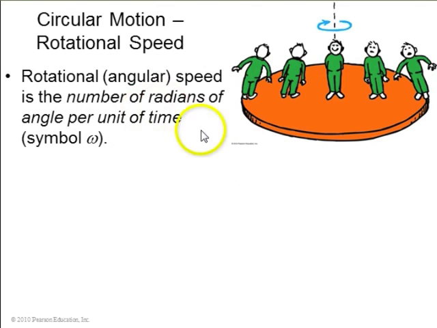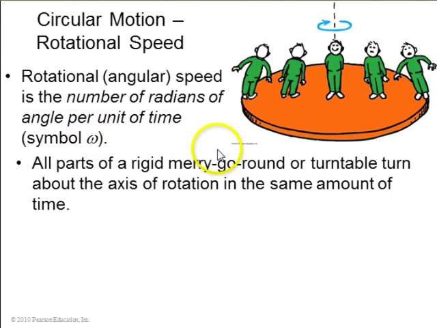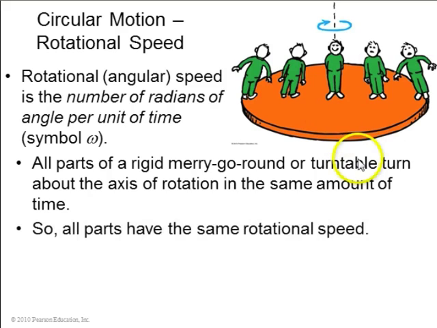So we measure angular speed in radians per unit time, radians per second. And the symbol for angular speed is a W, which is sort of curved, and it's actually the Greek letter omega. But all parts of a merry-go-round have the same value of omega, so they all have the same rotational speed or angular speed.